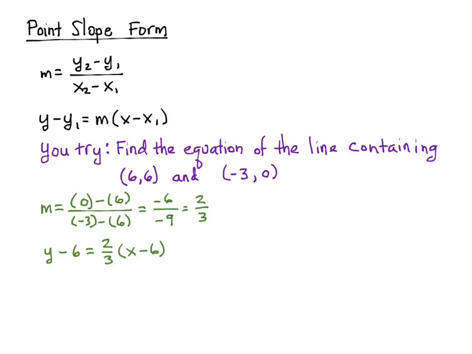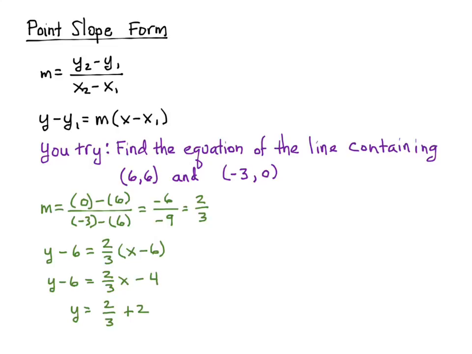Then I'm going to put it in that point-slope form. y minus 6 equals 2/3 times (x minus 6). So I've used this first point, (6, 6), to stick in for my x1 and y1. And now I'm going to first expand my parentheses and then add 6 to both sides.